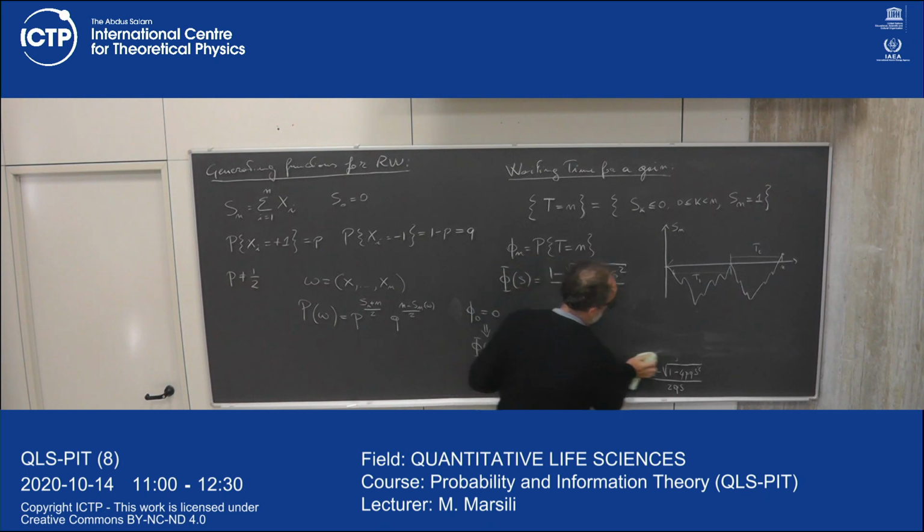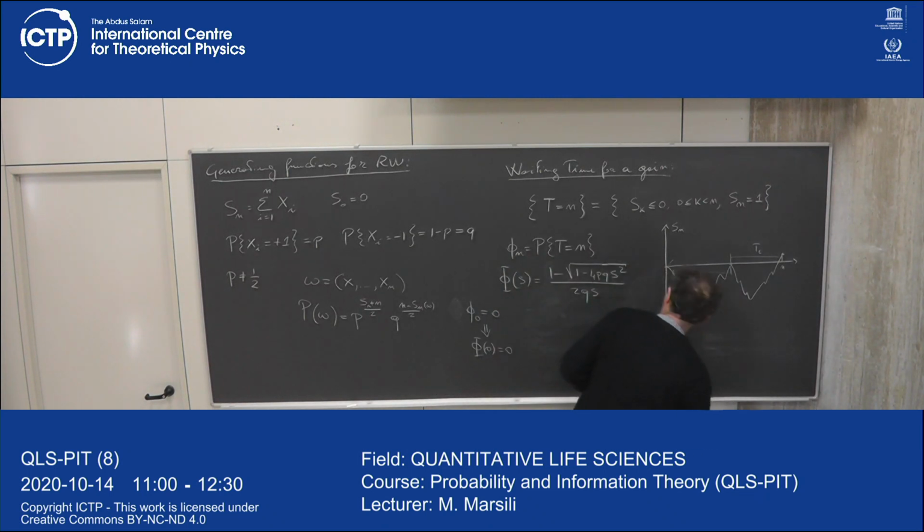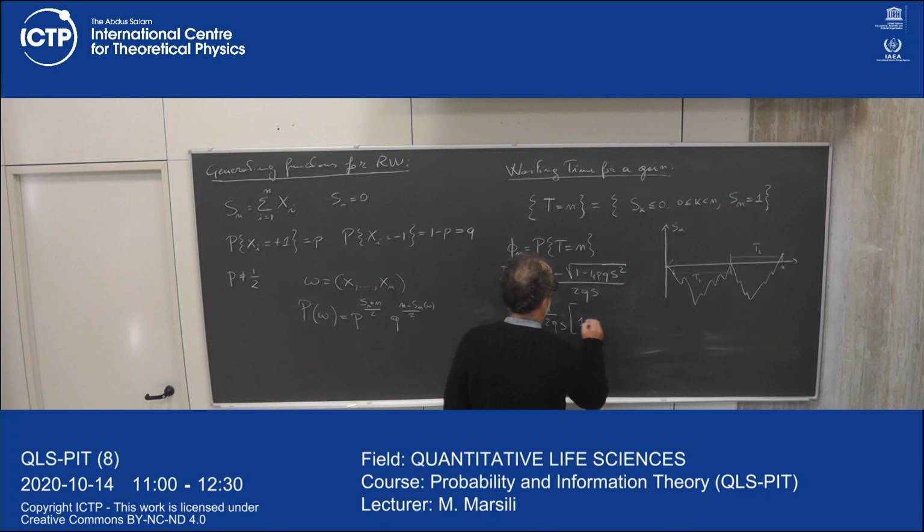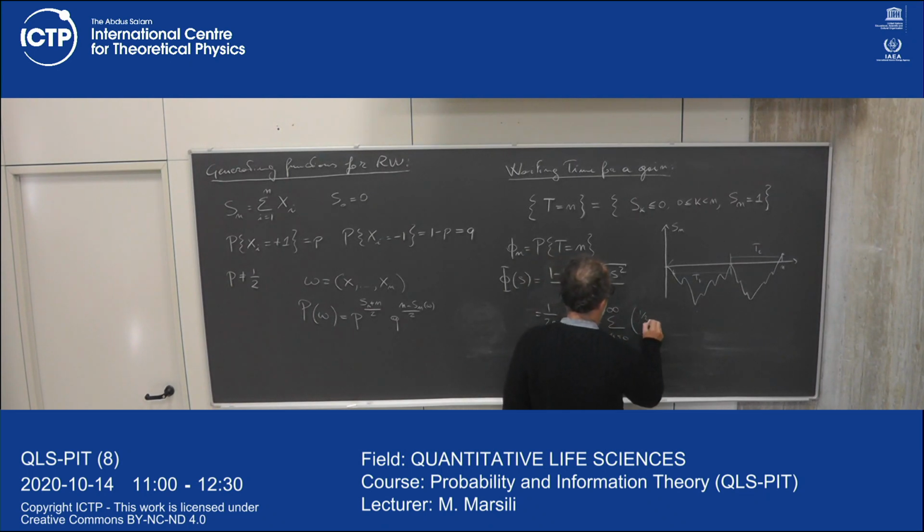First of all, we can compute this probability phi, because this is 1 over 2Qs times 1 minus the sum for n from 0 to infinity of (1/2 choose n) times (minus 4PQ s squared) to the power n.